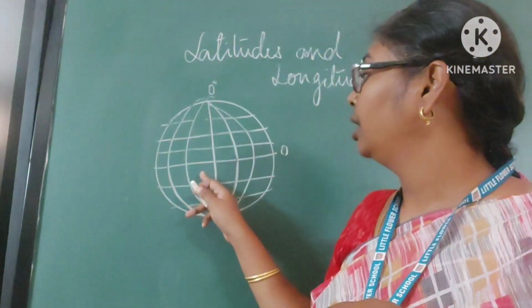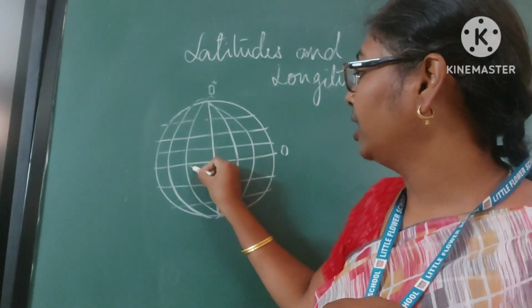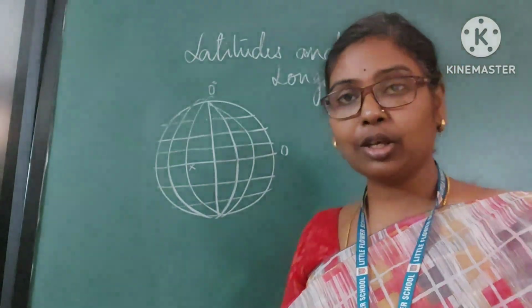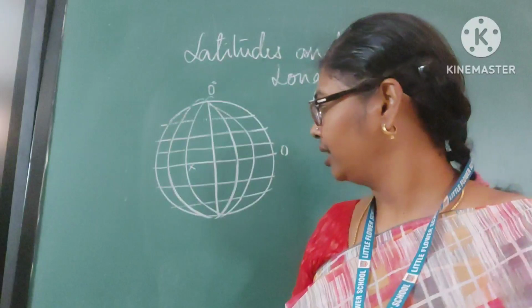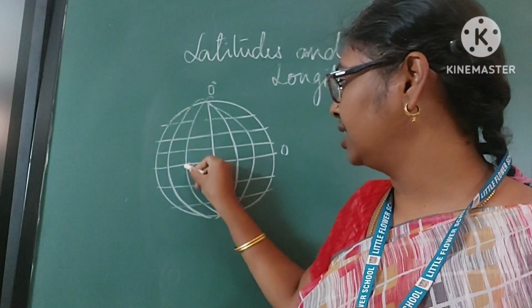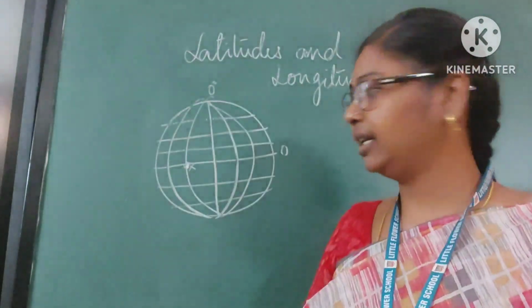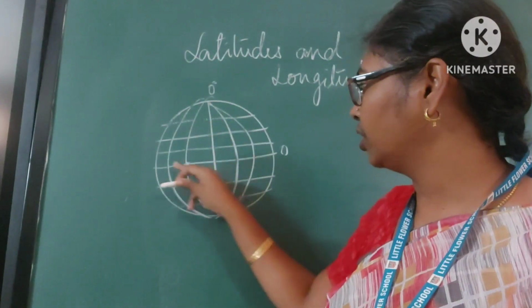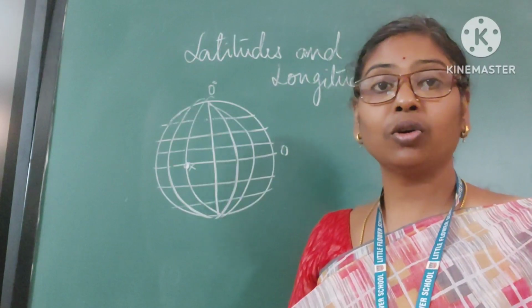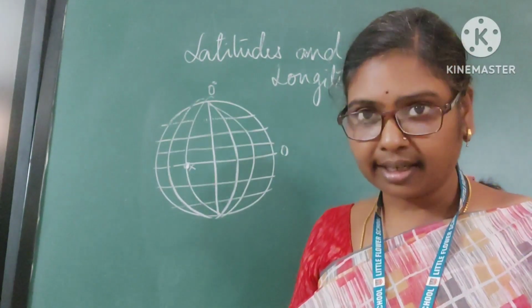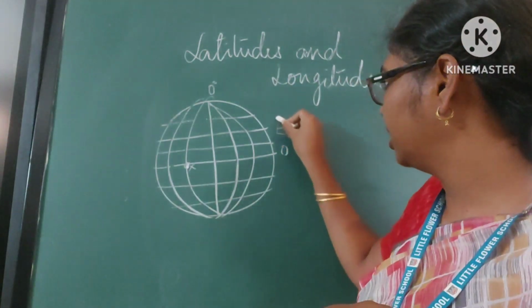So places will be intersection of parallels of latitude and meridians of longitude, right? If you see, this place is an intersection of this longitude and this latitude, right? So this is known as the Earth's grid.